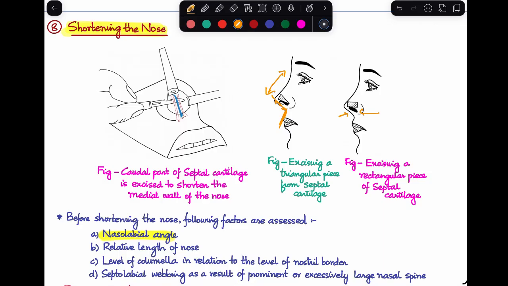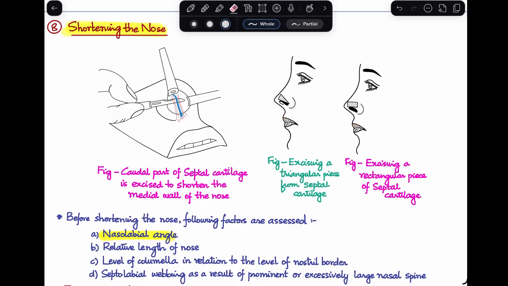How much of columellar show is there? To know more about columellar show, you can refer to my surgical anatomy video where I speak about it. And lastly, we'll also look at the septolabial webbing, which is this region basically, which can result from a prominent or excessively large nasal spine. So these are 4 factors that we will assess before we decide to shorten the nose.